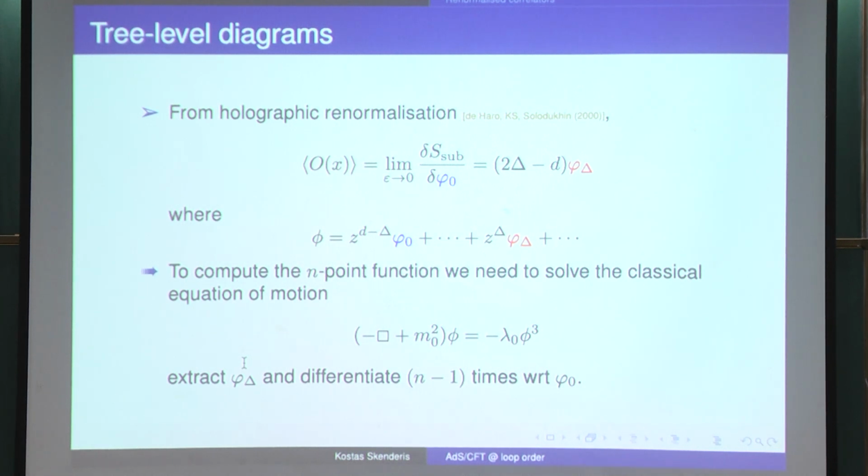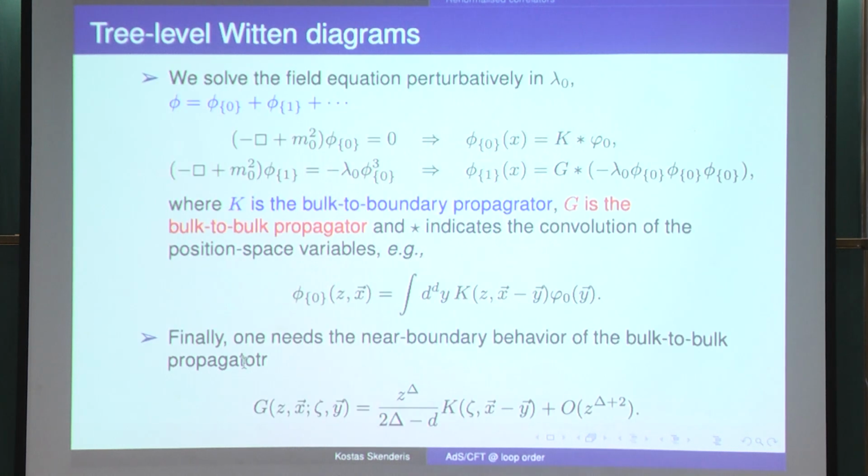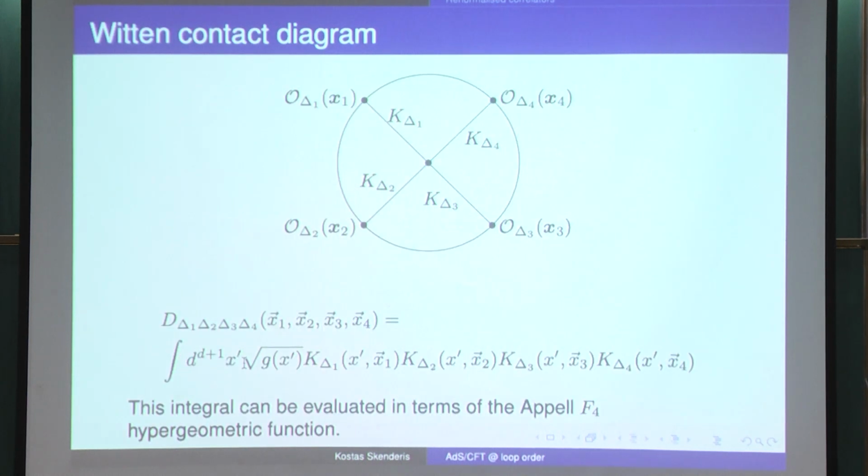So we need to understand the asymptotic form of the solutions. For that, one needs to know the asymptotic behavior of the bulk-to-bulk propagator, which turns out to relate to the bulk-to-boundary propagator. Now if we put everything together, that's what we get.